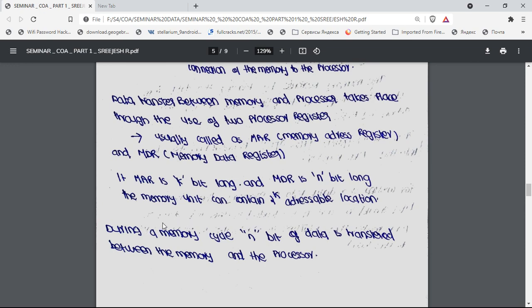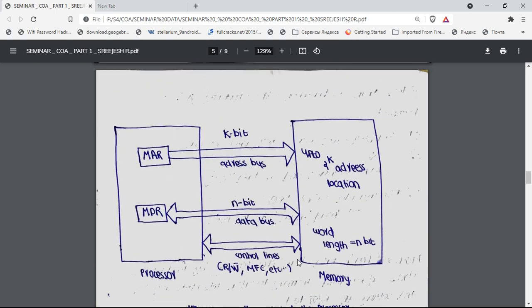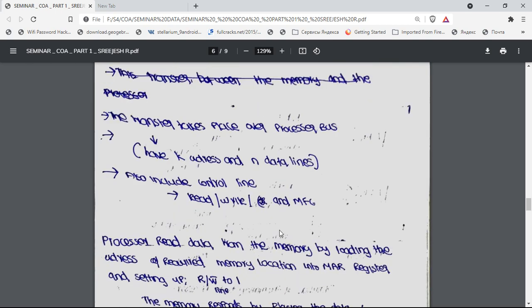So during a memory cycle, N bits of data are transferred between the memory and processor. As we know, the word length of data is transferred. So during a memory operation, or a single memory cycle, N bits of data are transferred. That is the word length of data. It can be a read or a write.